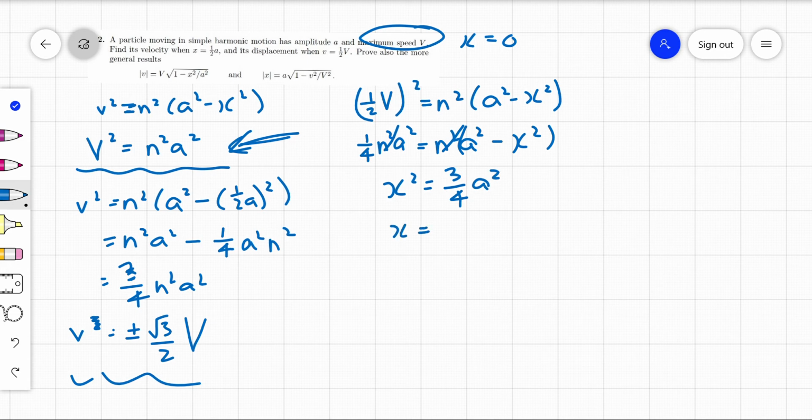So x is again plus or minus root 3 over 2 of a.